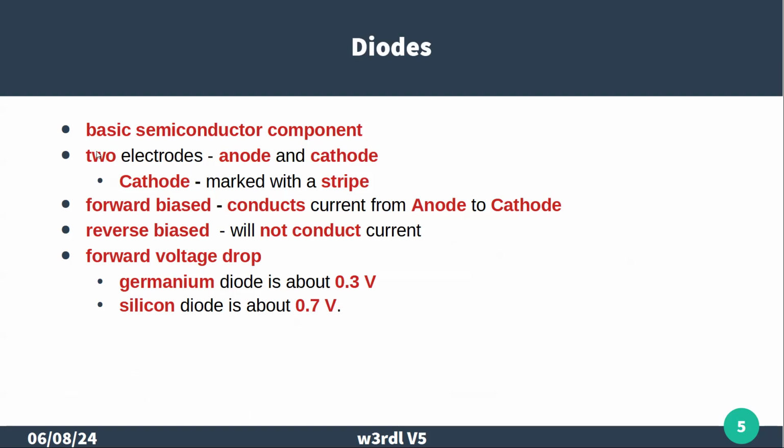We call that forward voltage drop. If we reverse it and put negative on the anode and positive voltage on the cathode, it will not conduct.